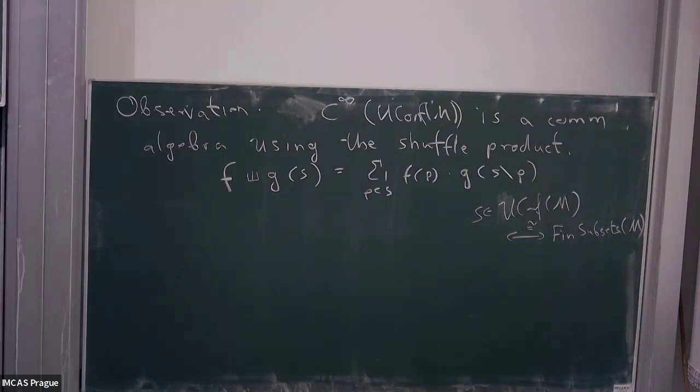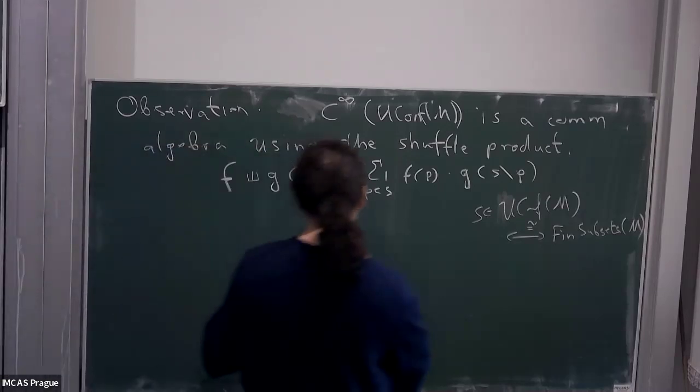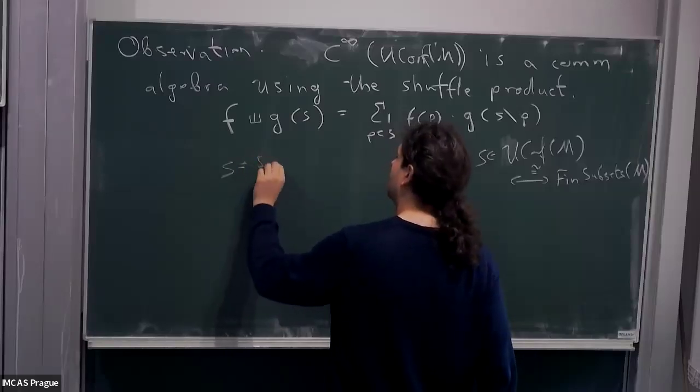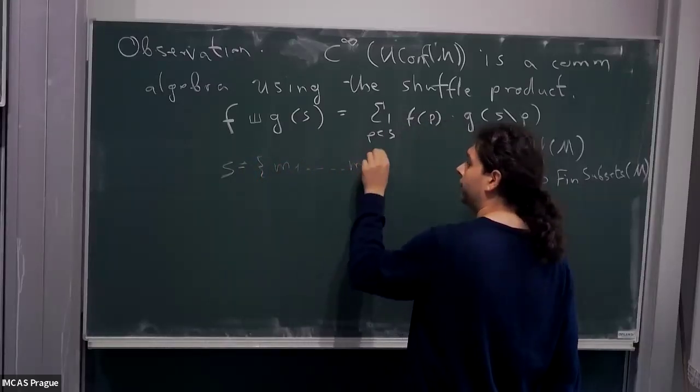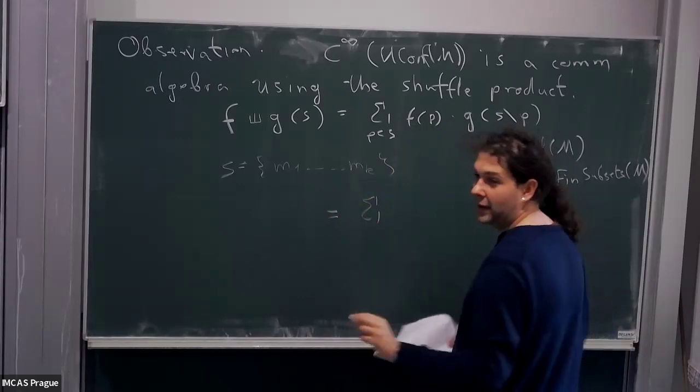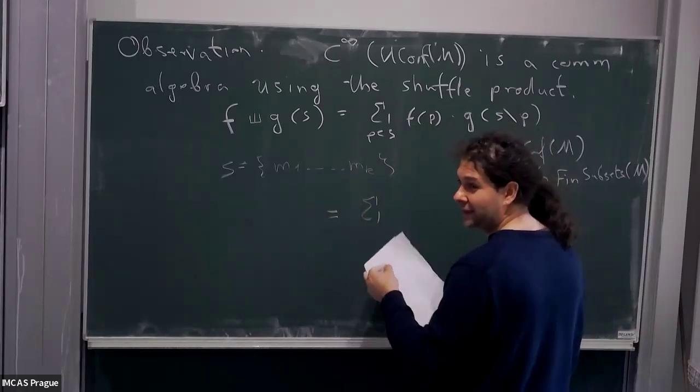So is it correct to say that this is the formula that you get by basically taking representatives of F and G as functions on the configuration spaces before they were quotiented, then multiplying, and then just symmetrizing with respect to all of the arguments? Yes. So if we think of S to be M1 to Mk, it will be the same thing as taking the sum over all shuffles or unshuffles depending on your conventions.